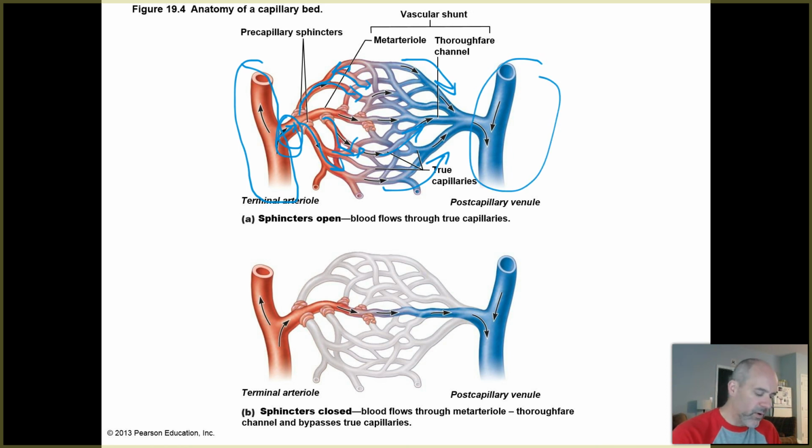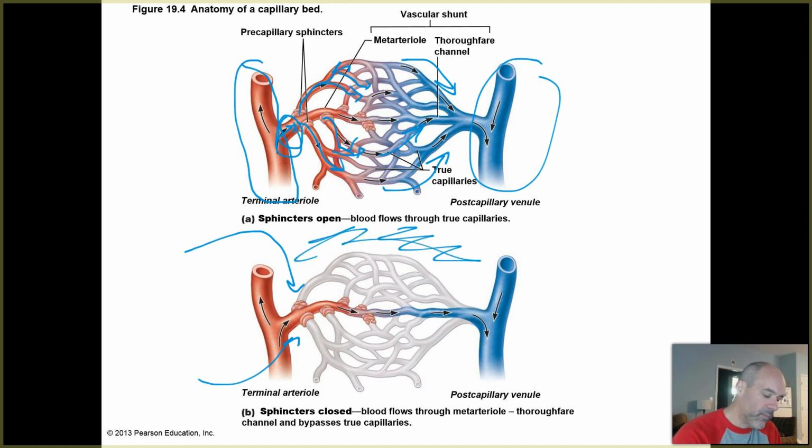Now, if you notice on the diagram, you've got these little rings that exist at the entrances to capillaries, and those are called sphincters. Sphincters, those are little rings of smooth muscle cells that contract and they close off the blood flow. They close off the entrances to the capillary bed. So if this tissue over here, you've got cells over here in your tissue with tissue fluid surrounding them.